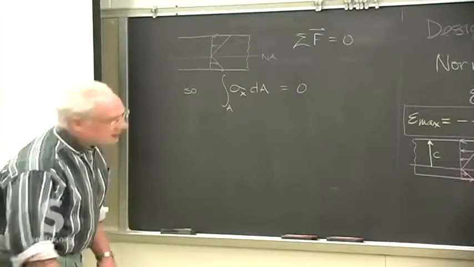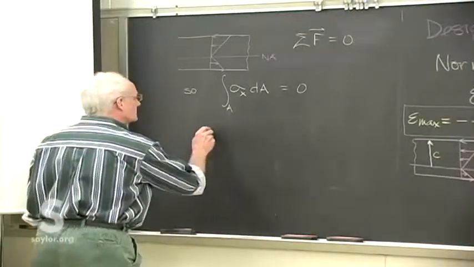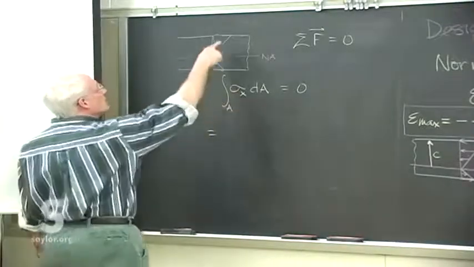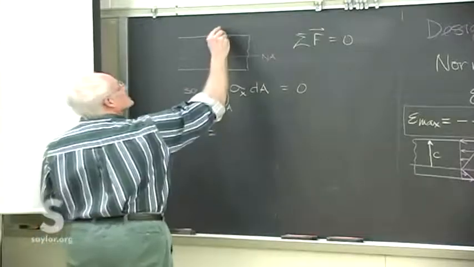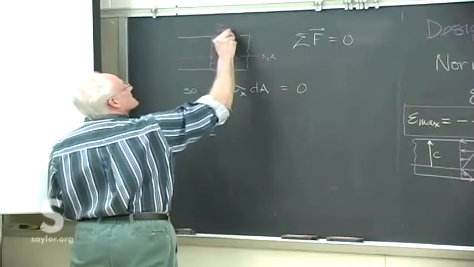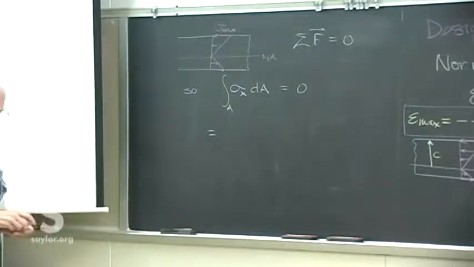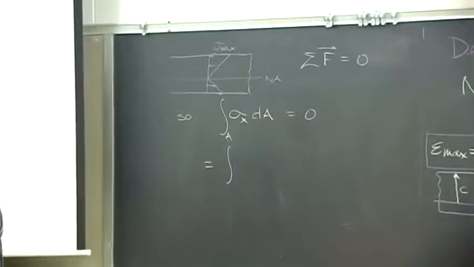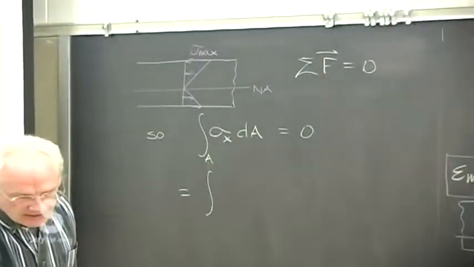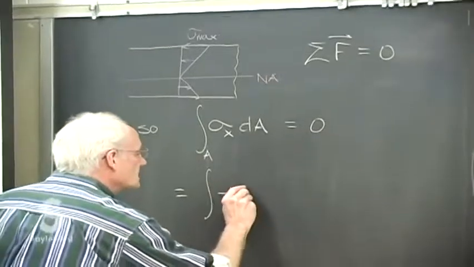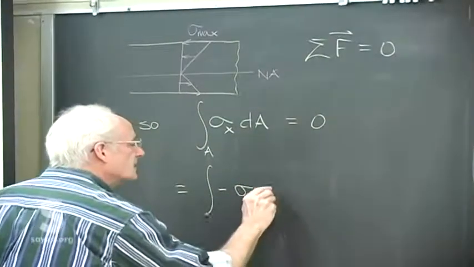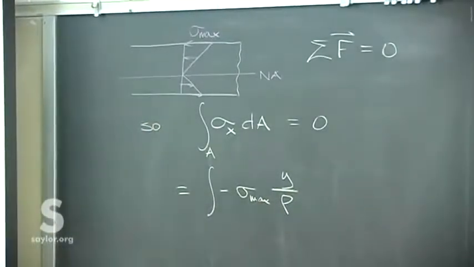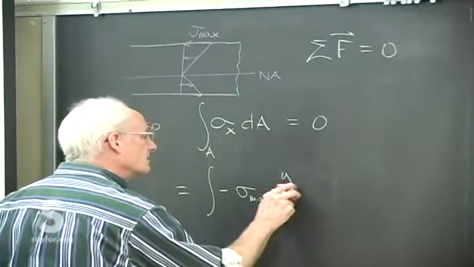Okay, so let's see, what can we put together now? Let's take that. Now this sigma x, we know it varies linearly from 0 to sigma max at the extreme. So we're going to put that in for sigma x, the local stress. That's going to vary linearly between the maximum, no, not y, c, because we're using the maximum.